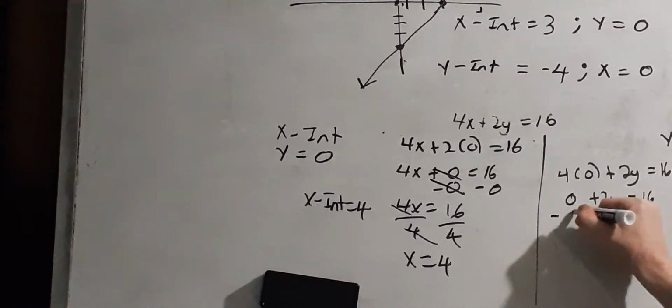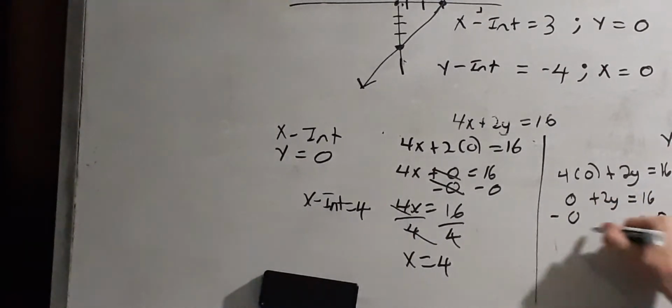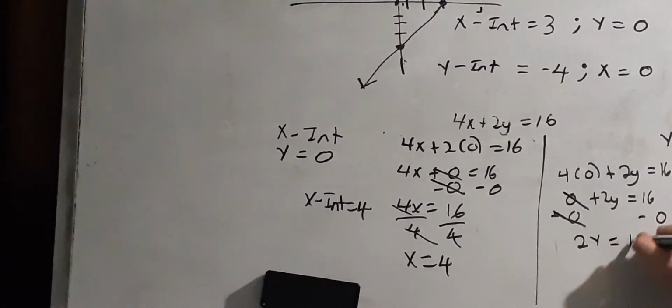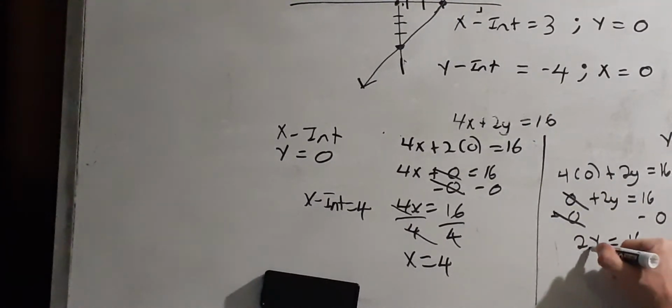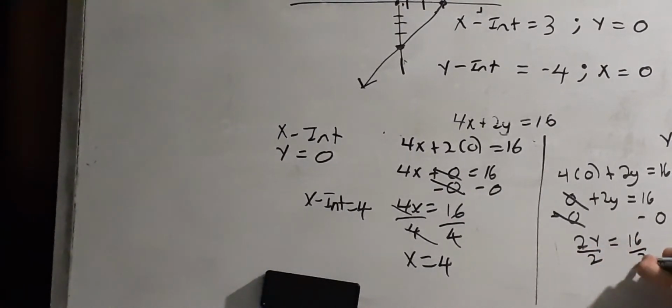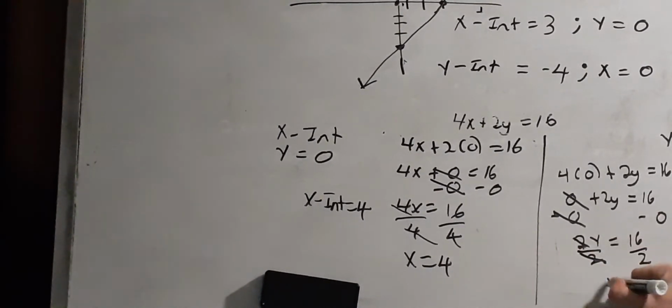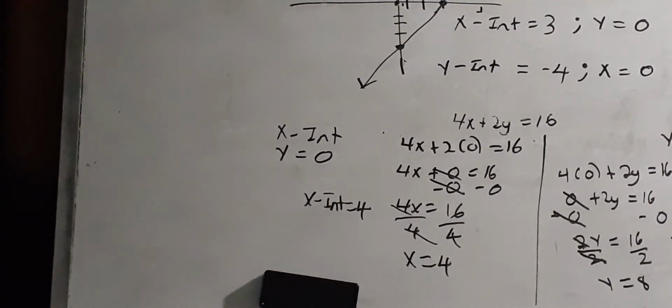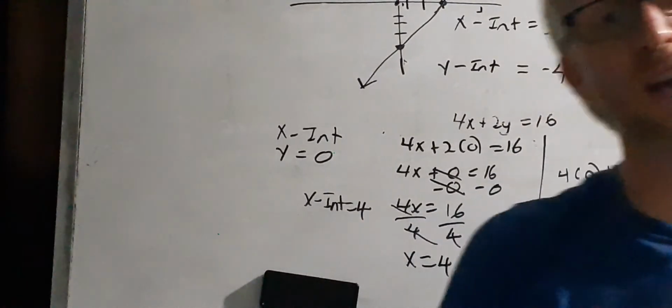I subtract 0, and this is going to cancel out, and 2y equals 16. And I divide by 2, and y equals 8, which means that my y-intercept is 8. And that's how you find your intercepts, from an equation and from a graph.